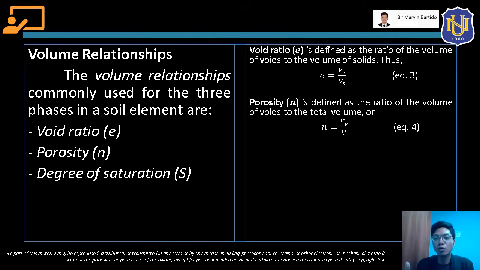So that is for the porosity. Void ratio and porosity, these two soil properties, are different. Void ratio is volume of voids over volume of soil solids only, while porosity is volume of voids over the total volume.